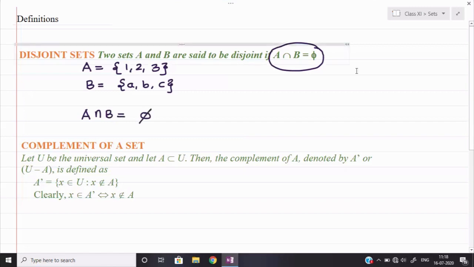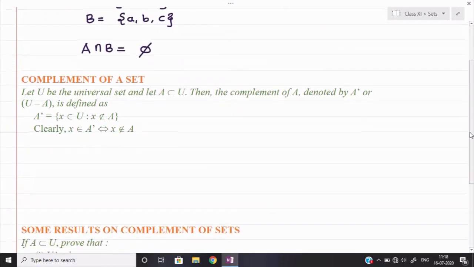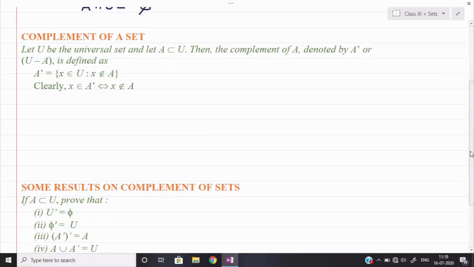Similarly, let us see the second definition, which is the complement of a set. Normally we assume complement as a compliment, but here complement is a different case. Suppose I have a universal set. A universal set, as I have explained, is a set which includes all the elements of the subsequent sets.